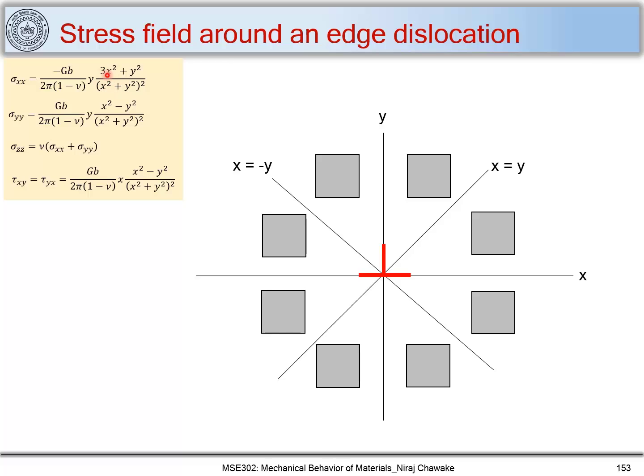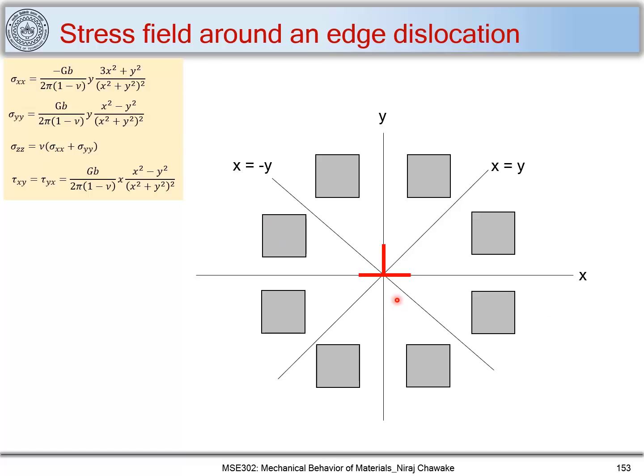Whether x is positive or negative doesn't have any effect on sigma xx; only the y value has an effect. So if y is positive, sigma xx is negative, that is, compressive in nature. When y is negative, sigma xx is positive, and it is tensile in nature.